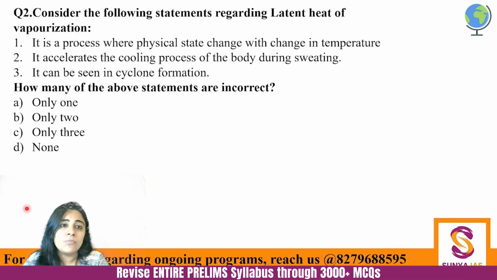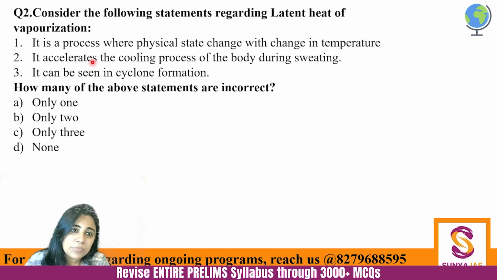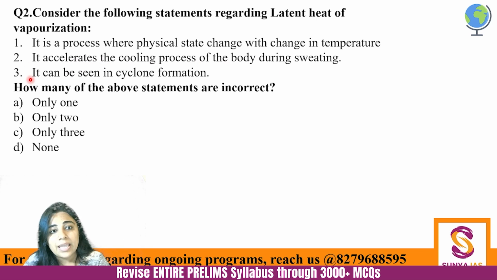Okay, let's move to the next one. Consider the following statements regarding latent heat of vaporization. It is a process where physical state changes with change in temperature. It accelerates the cooling process of the body during sweating, and it can be seen in cyclone formation.